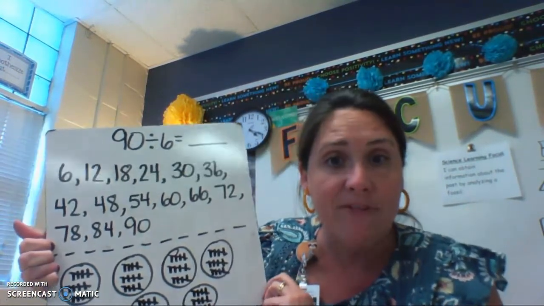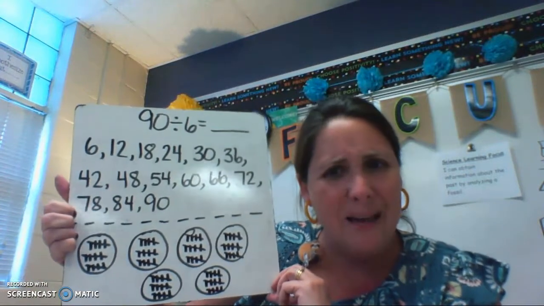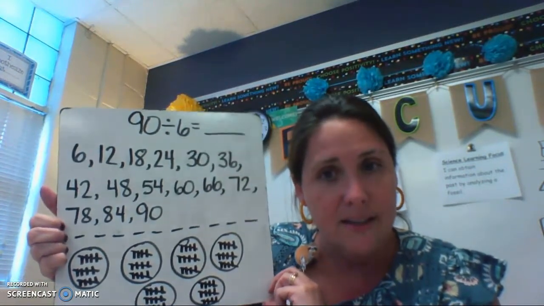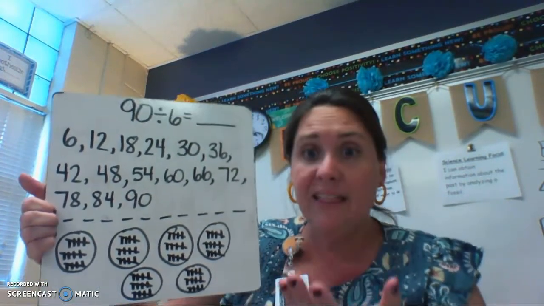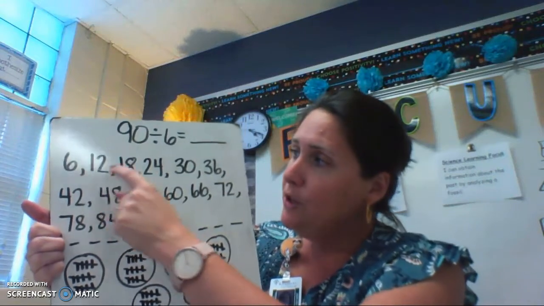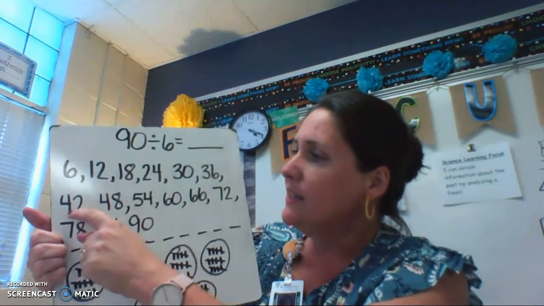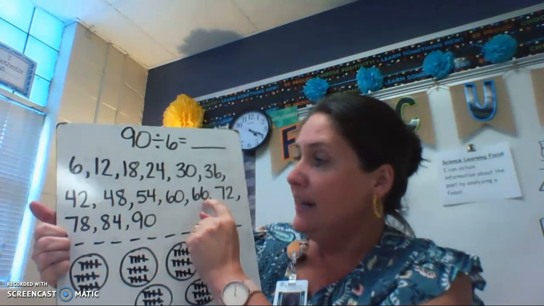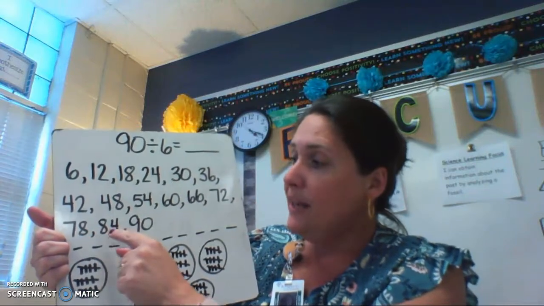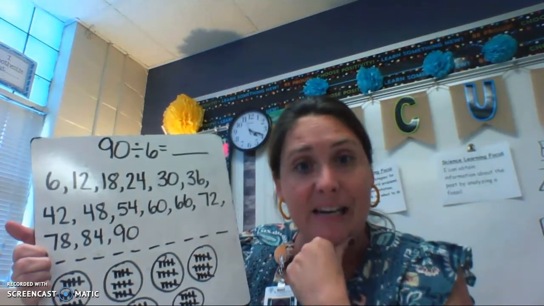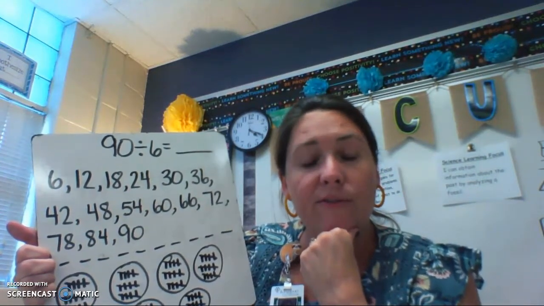But then you have to count, how many times did I skip count by 6s to get to 90? Let's see. 1, 2, 3, 4, 5, 6, 7, 8, 9, 10, 11, 12, 13, 14, 15. So 90 divided by 6 equals 15.